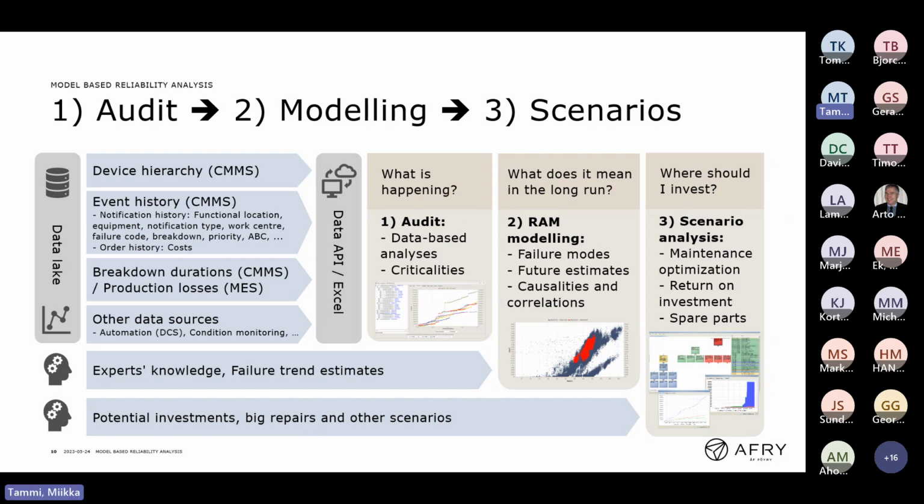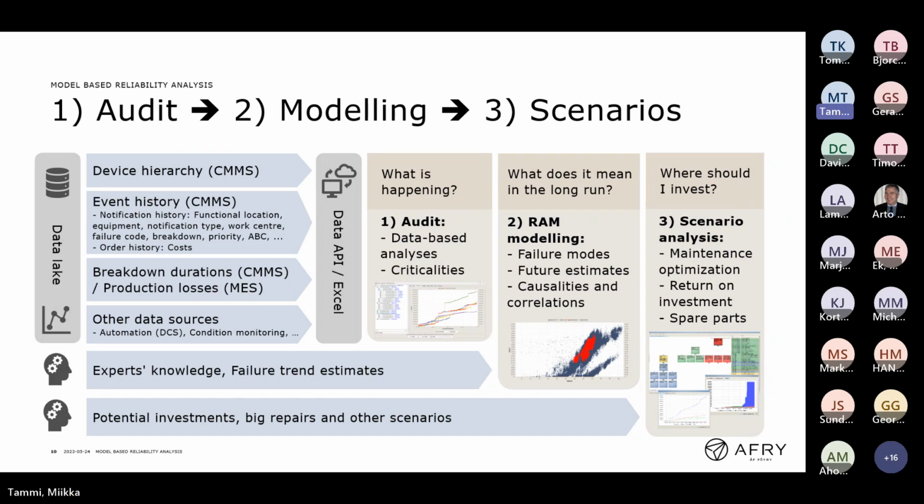Then we can understand the current state risk status, and the most critical functional locations, equipment, and events can be recognized. And naturally, the last question is what we can do to improve the situation, where should we invest?